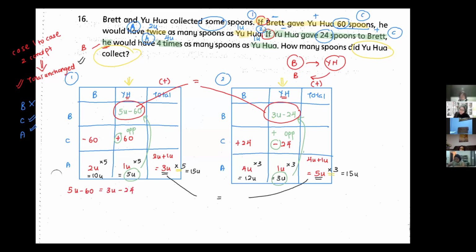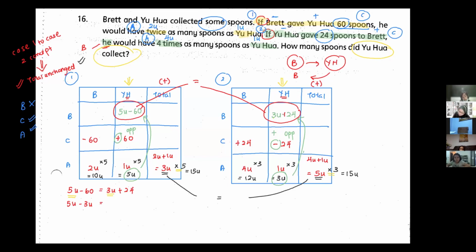Like this. And then you learn in algebra that the units or the alphabets must group together. So we group them together. 5 units minus 3 units equals to, now over here, okay, sorry, this is plus.